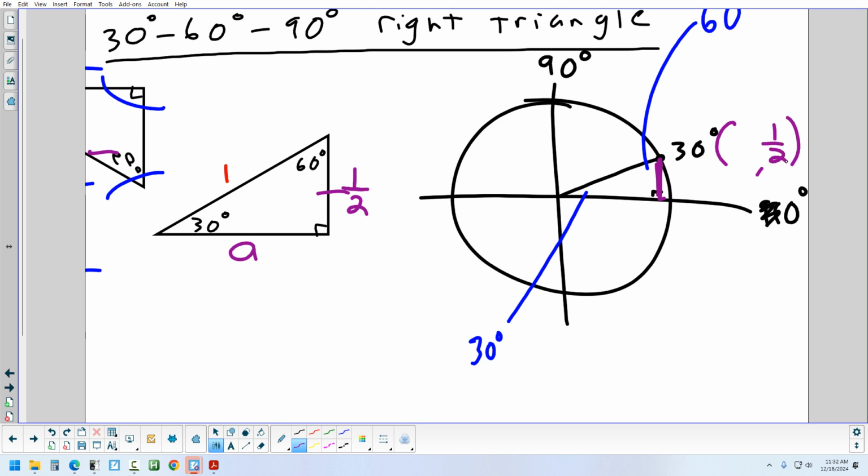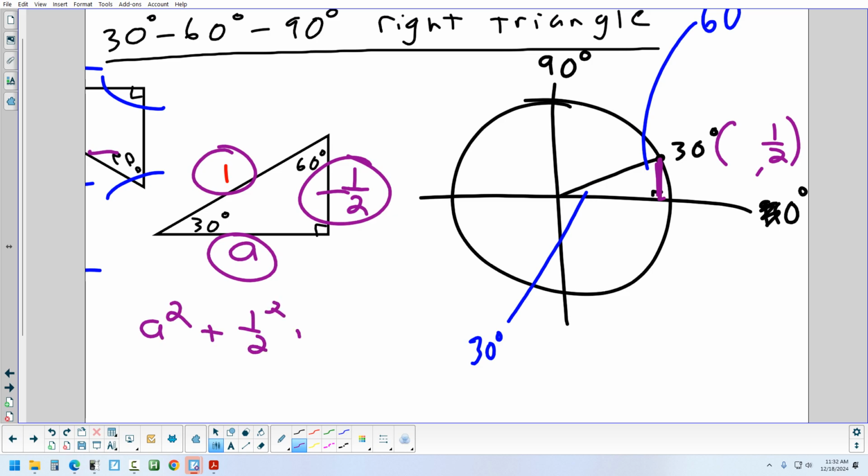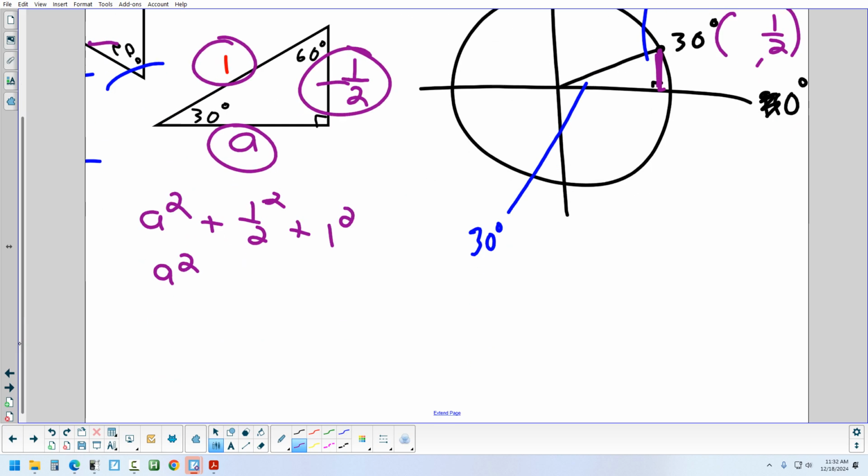Now we need the x. Okay, how could I set up Pythagorean theorem with those three values? A squared plus 1/2 squared equals 1 squared. Okay, so a squared. What's 1/2 squared? 1/4.